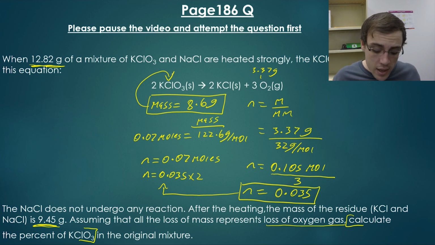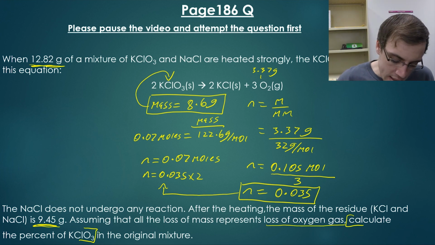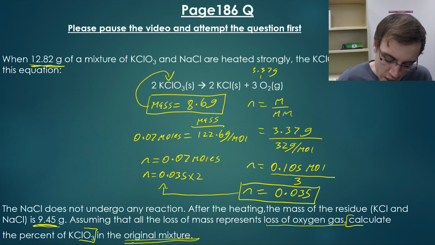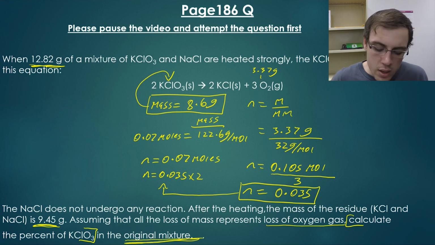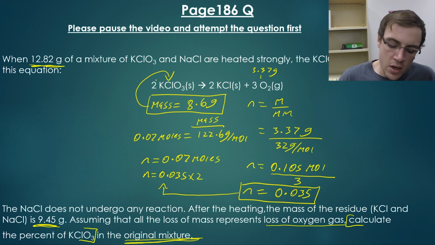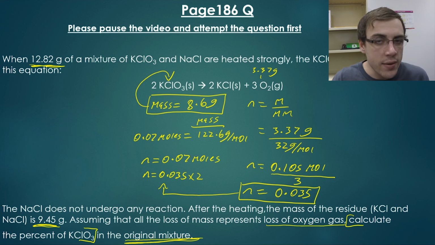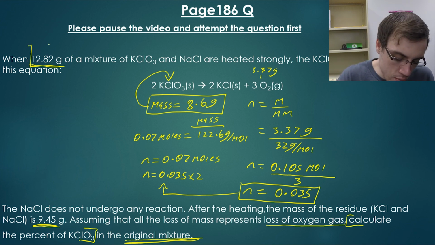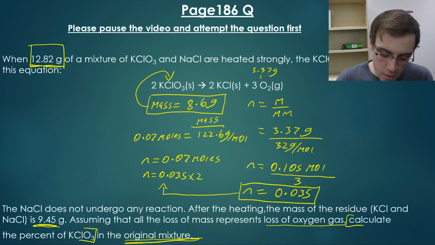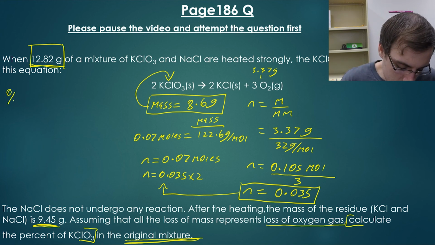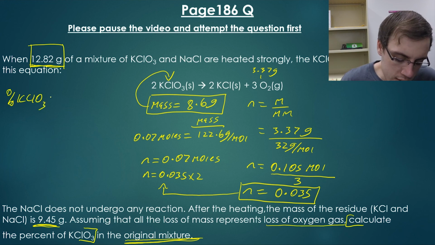Awesome, fantastic. But the question's not done yet, because it says calculate the percent of potassium chlorate in the original mixture. So we know that our mass of potassium chlorate is 8.6 grams, but we were given at the very beginning the total mass of this mixture. So the percent of potassium chlorate is going to be our mass here.